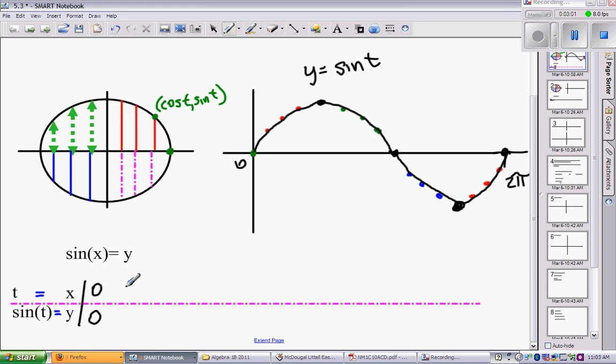And we're going to use pi over 6. Your y value is 1/2. So we went a little bit up and halfway. Pi over 3, and all these are coming from the unit circle. Pi over 3 is root 3 over 2.